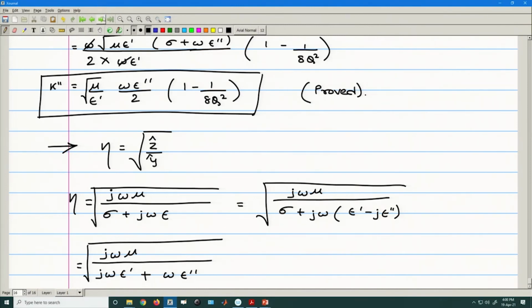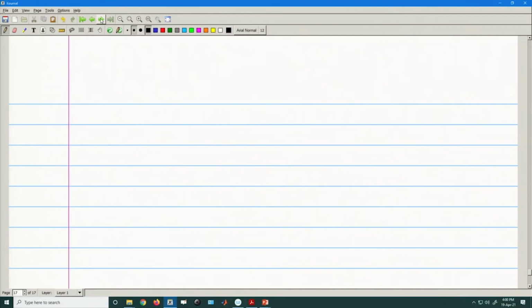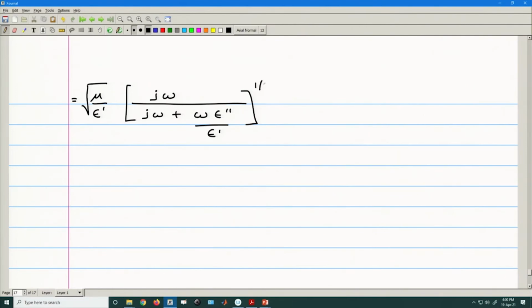We take out mu upon epsilon prime as common and we can write it as j omega upon j omega plus omega epsilon double prime by epsilon prime, raised to the power half.